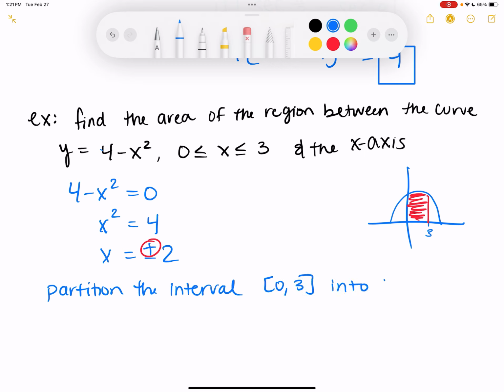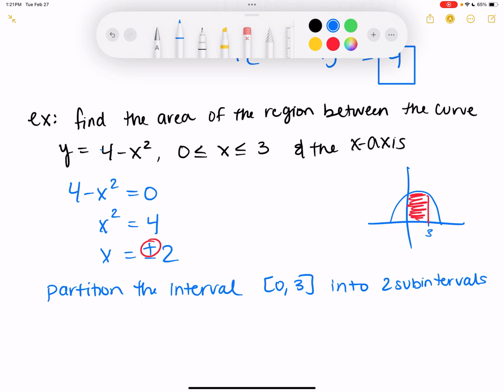It could be more in some cases. When I break them up, the value of the function will not change sign, kind of like increasing and decreasing.